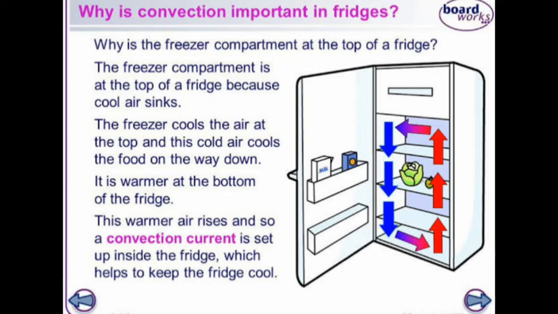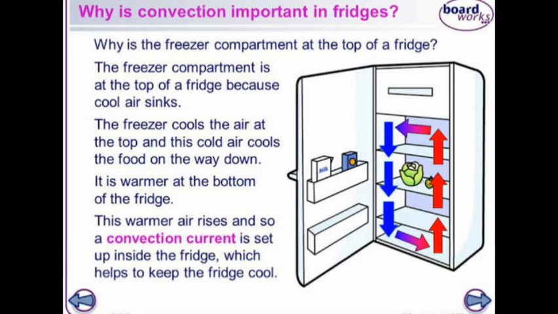The freezer compartment is at the top of the fridge because cool air, whatever is released, always sinks down. The freezer cools the air at the top, and this cool air cools the food on the way down. It is warmer at the bottom of the fridge, so the warmer air rises up, and this is responsible for the formation of the convection current inside the fridge, which helps keep the whole fridge cool.